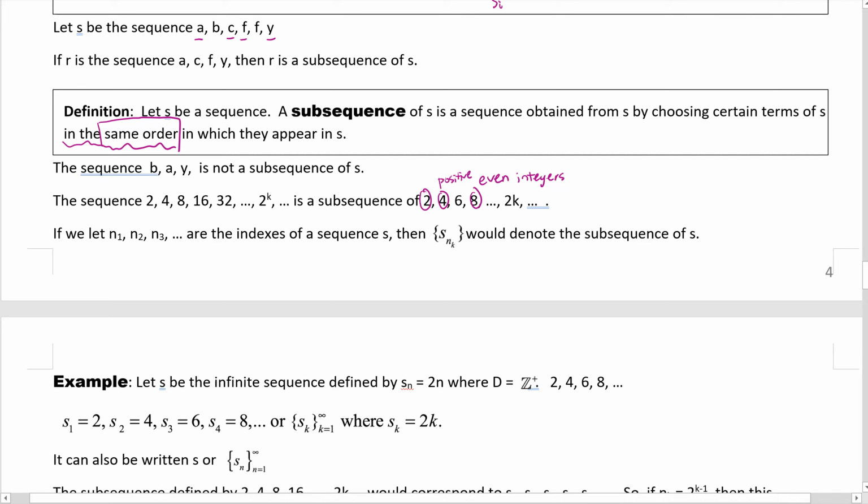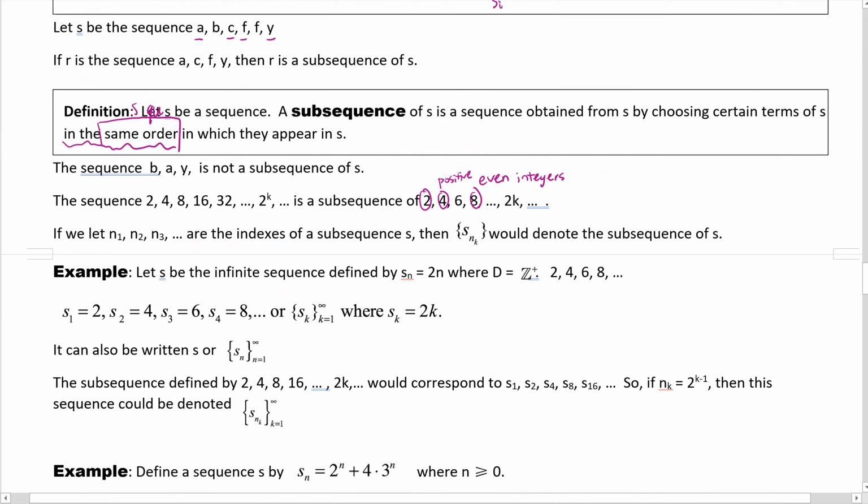I think I have a typo here, I mean subsequence. Let me fix it.